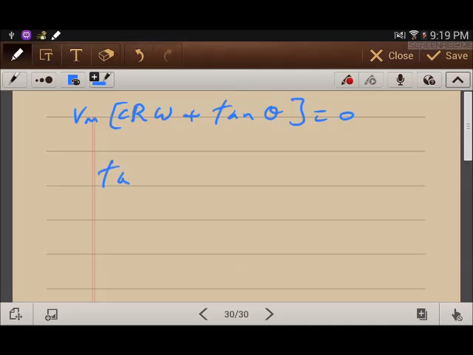So tan theta is equal to C R omega with a negative sign, so theta will equal tan inverse of minus C R omega.